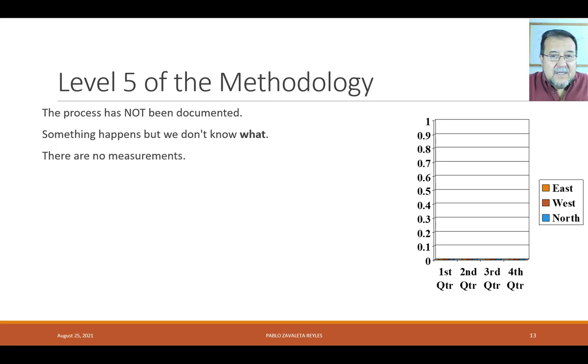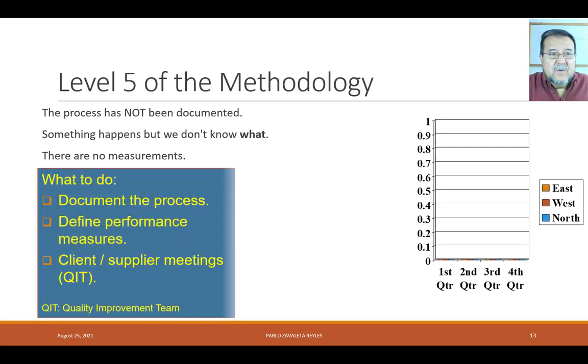There are no measurements. What do we need to do then? Well, first we need to document the process. We need to define performance measures, and then we need to establish client and supplier meetings, working towards the quality with our quality improvement team, QIT.